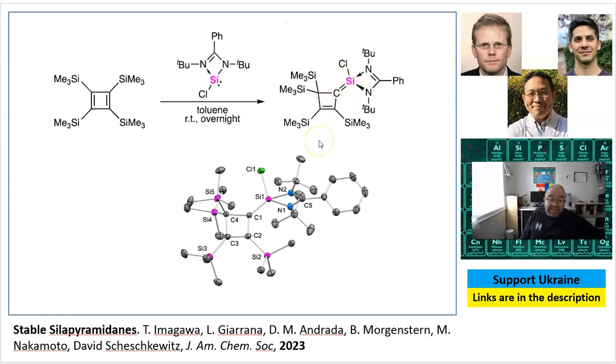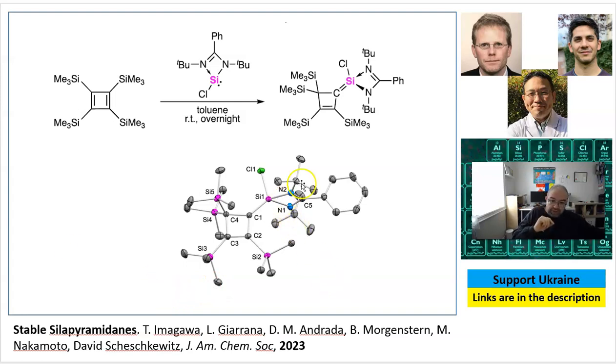Basically it's a silapyramidane. And with this arrangement of silicon and carbon atoms, it's the first of its kind. You can see this molecule has chlorine, it has amine, and those atoms, especially when they are on silicon, are very reactive. You can use a reducing agent to just remove them. And that's what they did on the second step.